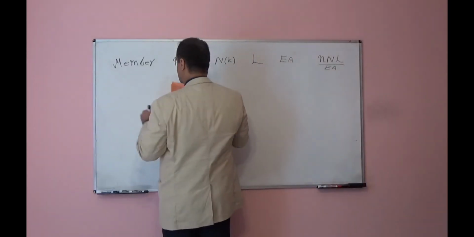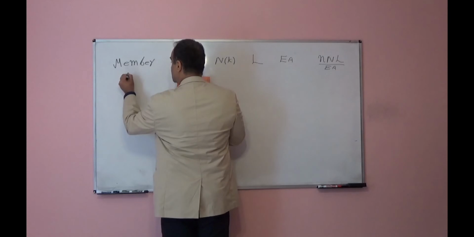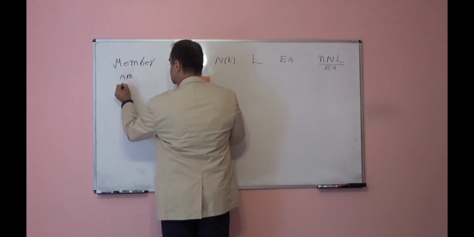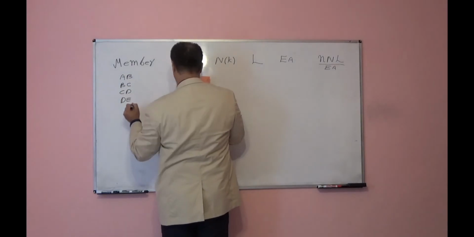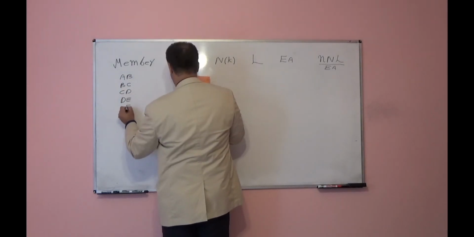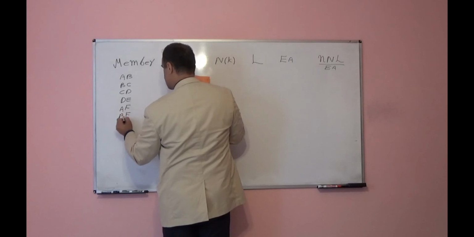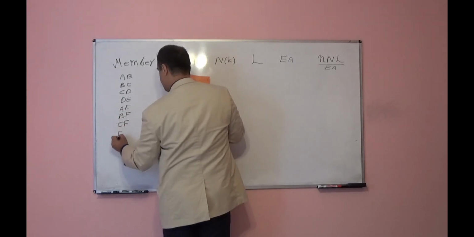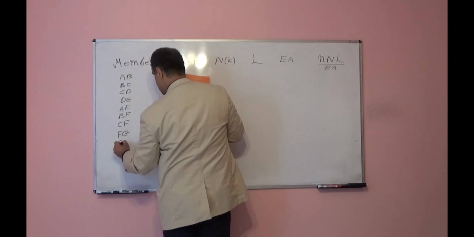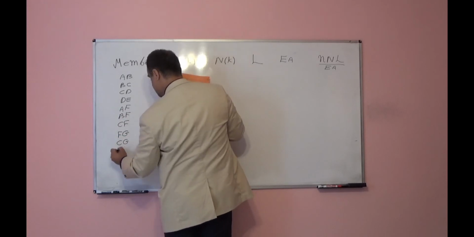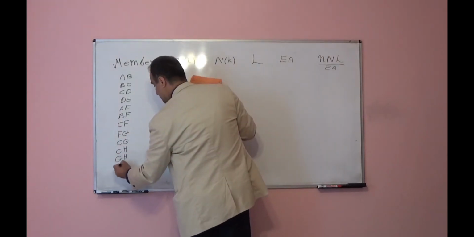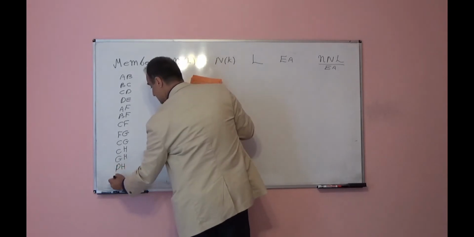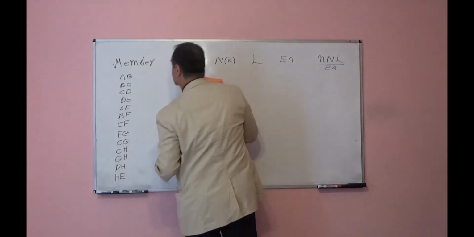So let's look at here. The members, if I list them, will be AB, BC, CD, DE, AF, BF, CF, FG, CG, CH, GH, DH, and HE.